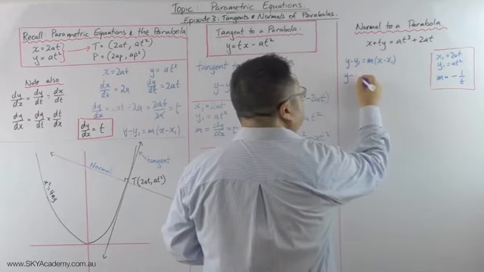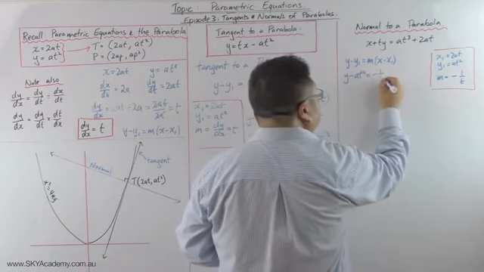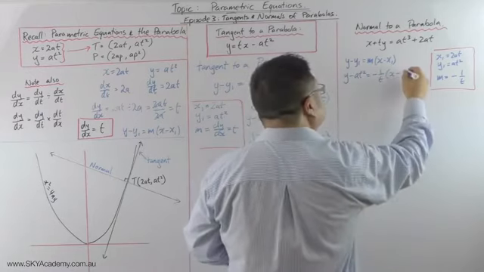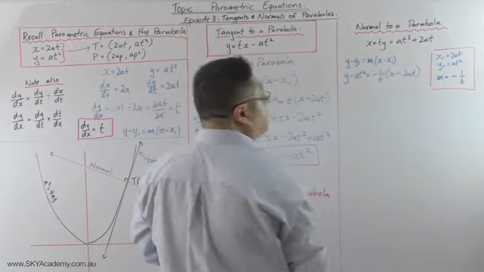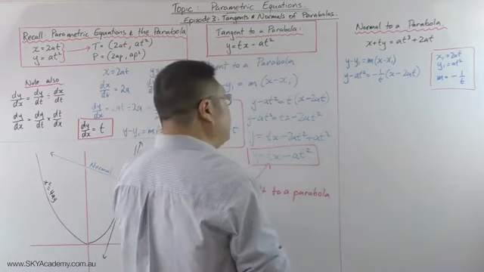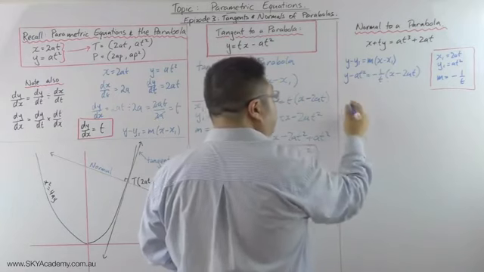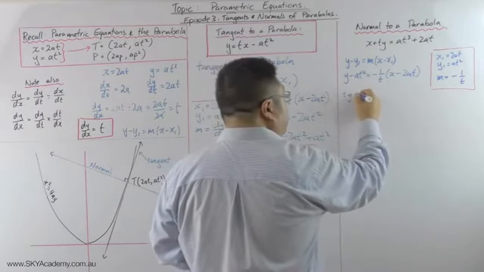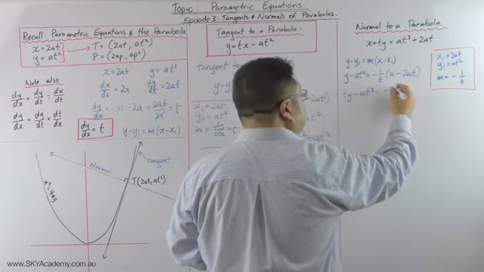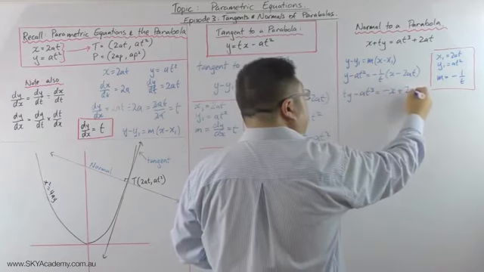So you get y minus at squared equals minus 1 on t, times (x minus 2at). All right, let's multiply both sides by t, so it's ty minus at cubed equals minus x plus 2at.